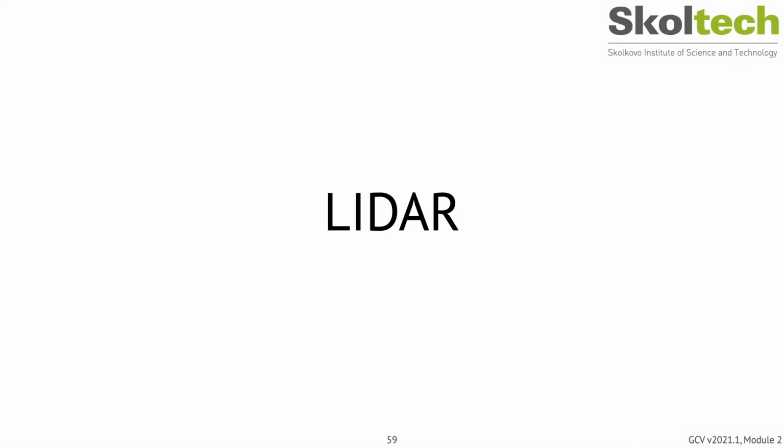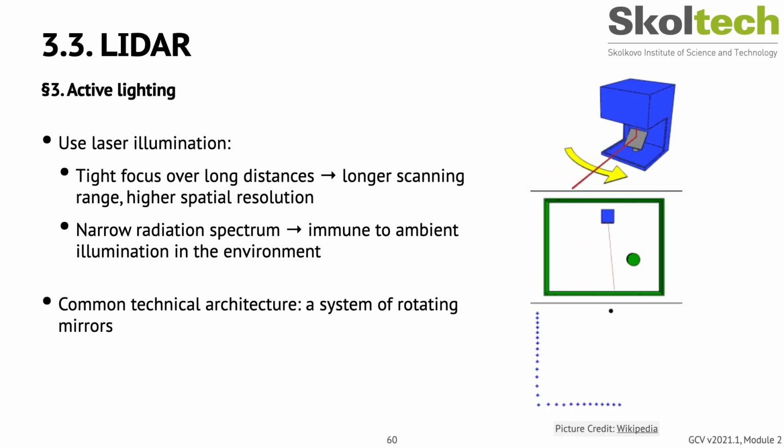LIDAR range scanners are time-of-flight devices which use laser illumination instead of incandescent or fluorescent light. This is because lasers can be focused tightly over very long distances and because lasers have an extremely narrow radiation spectrum.